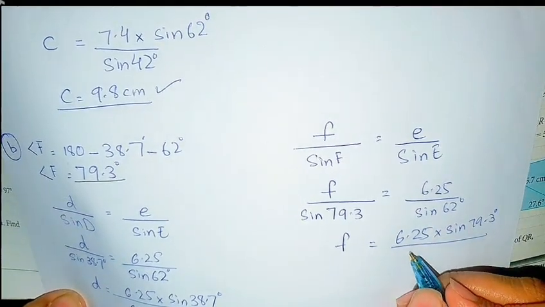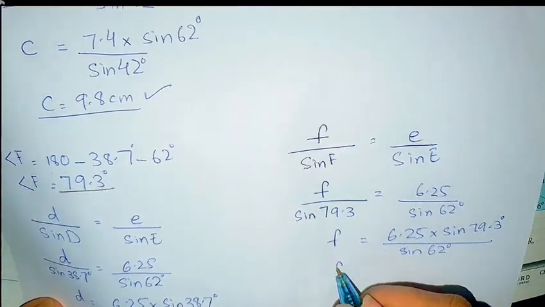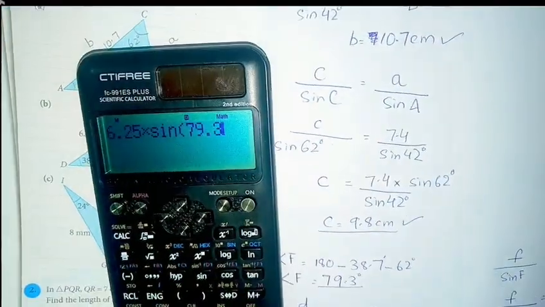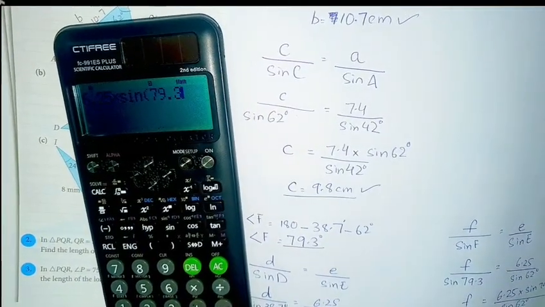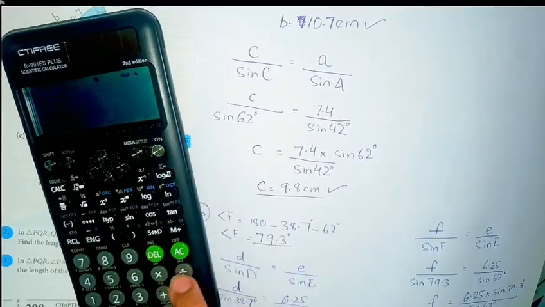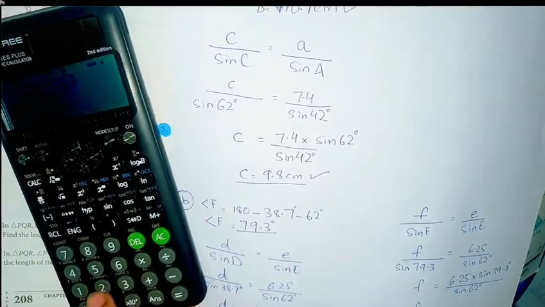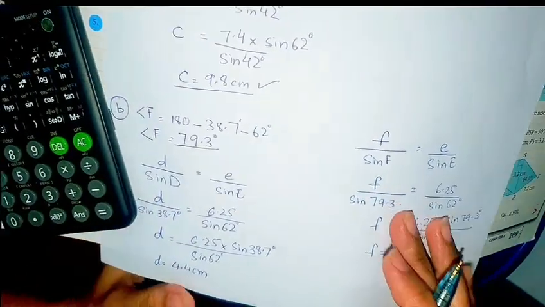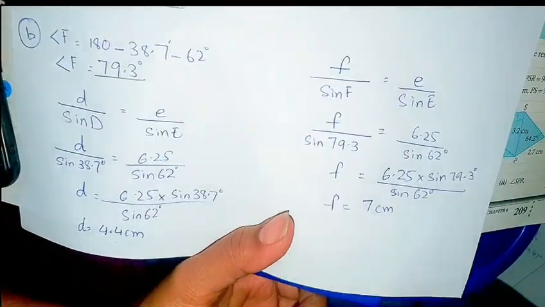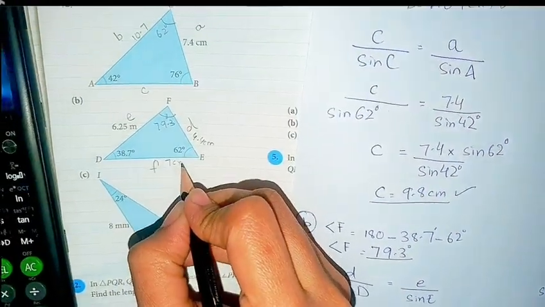It is now dividing, and I am writing sine 62 degrees as it is in the denominator, and F is equal to 6.25 times sine 79.3, which is 6.14, now divided by sine 62 degrees. So this is equal to 6.95, or you can write 7 centimeters, because this is also a side. So this side is 7 centimeters.